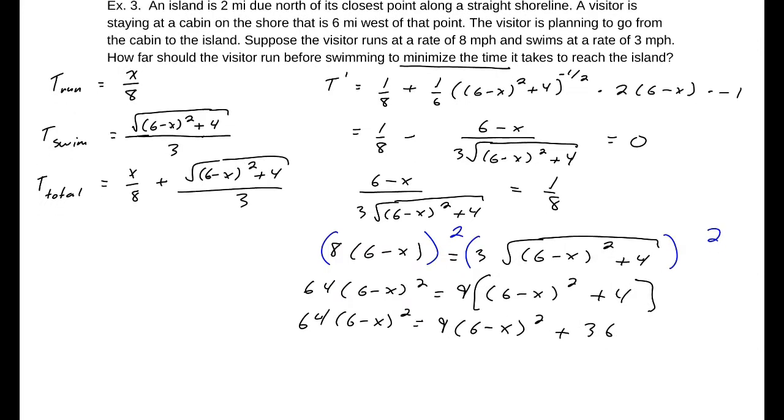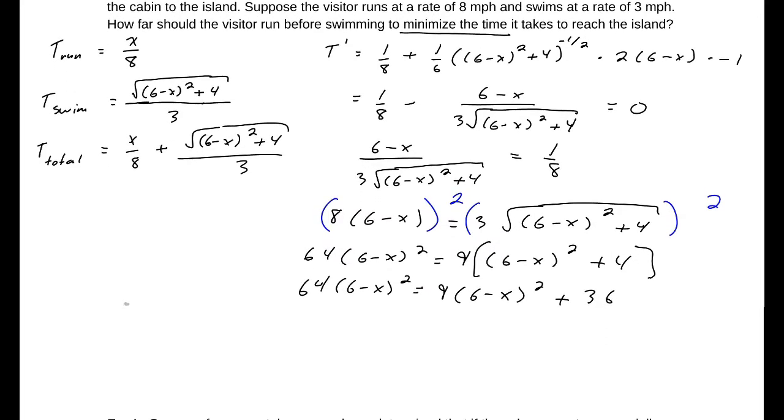If I combine those terms together, I'm going to have 55 times (6 minus x) squared equals 36, making (6 minus x) squared equal to 36 over 55, and x is going to be 6 plus or minus 6 over the square root of 55.